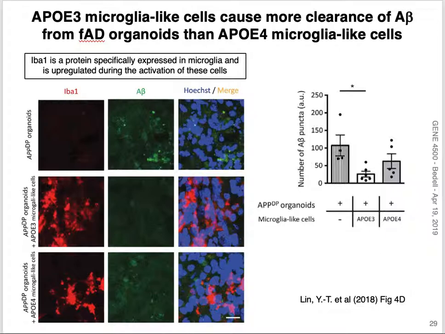So there's something about, these are the ApoE3, these are the ApoE4. This is telling us that they're functioning normally, but then now look at the staining for A beta. ApoE3 doesn't have the accumulation of A beta. ApoE4 does. Okay, so remember, without the microglia, the Alzheimer's organoids are making these aggregates of A beta.